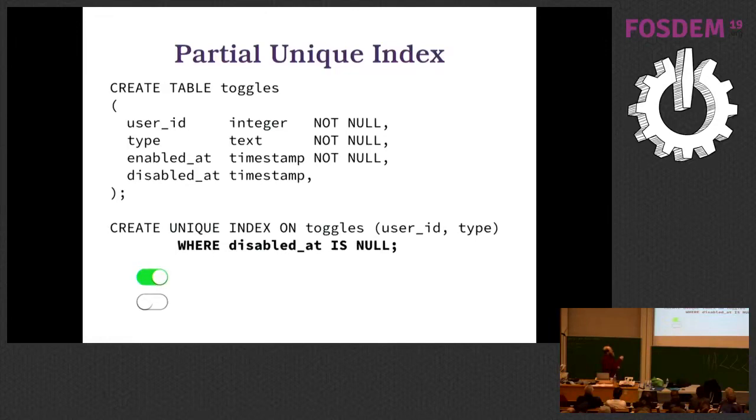So you can say that you have a unique index on the toggles, but it only needs to be unique if it's not been disabled. Okay? Who knew you could do a partial unique index in PostgreSQL? Some of you. Okay, good. It's a really nice trick to have.